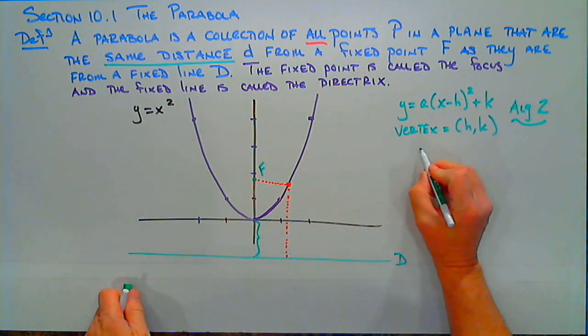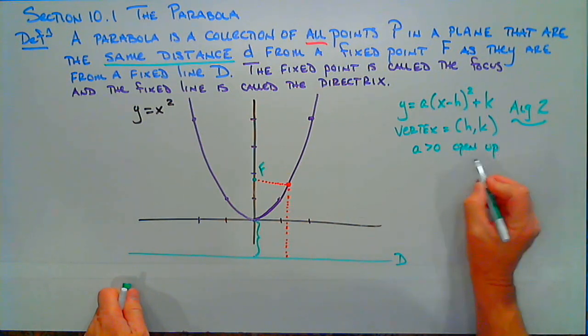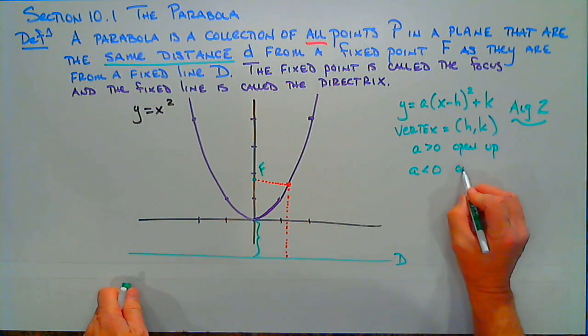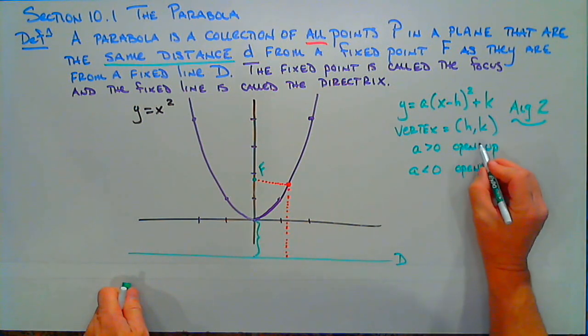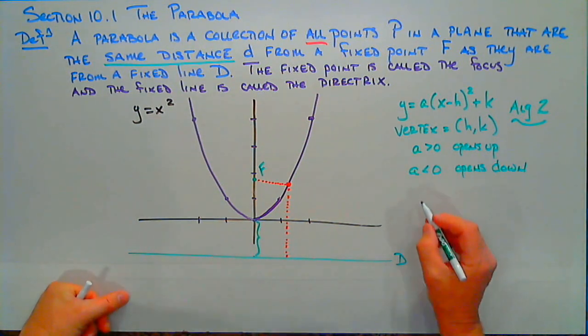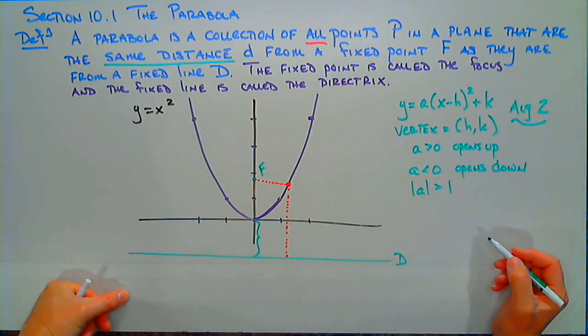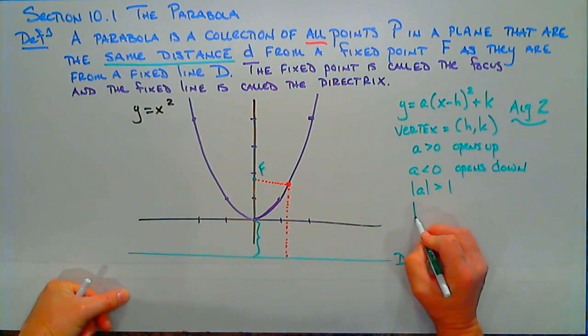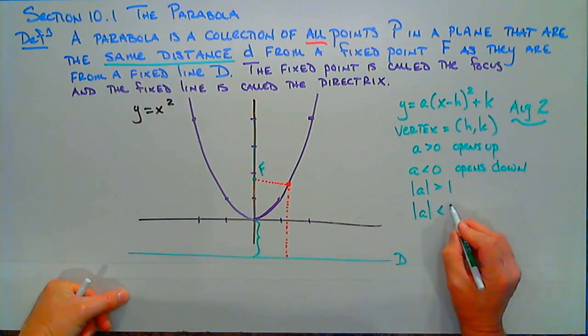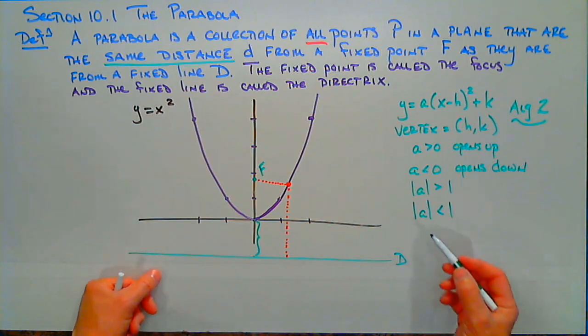Remember what we said back in Algebra 2? We said if A is greater than 0, it opens up. We said if A is less than 0, it opens down. That's what we said. And we said if the absolute value of A is greater than 1, then there's a difference between a parabola where the absolute value of A is greater than 1 and one where it is less than 1.